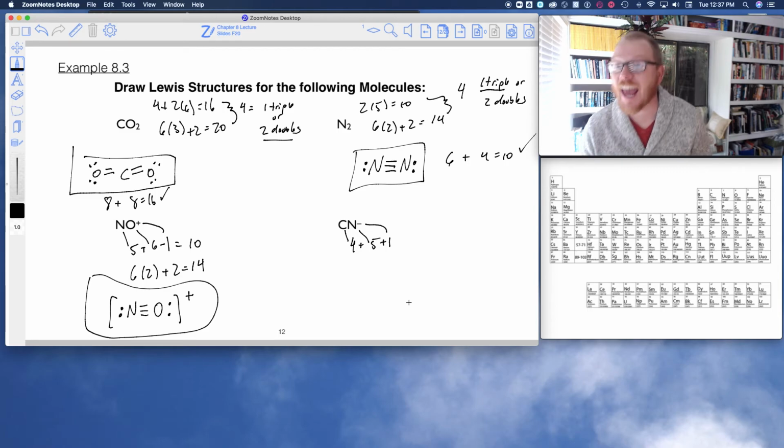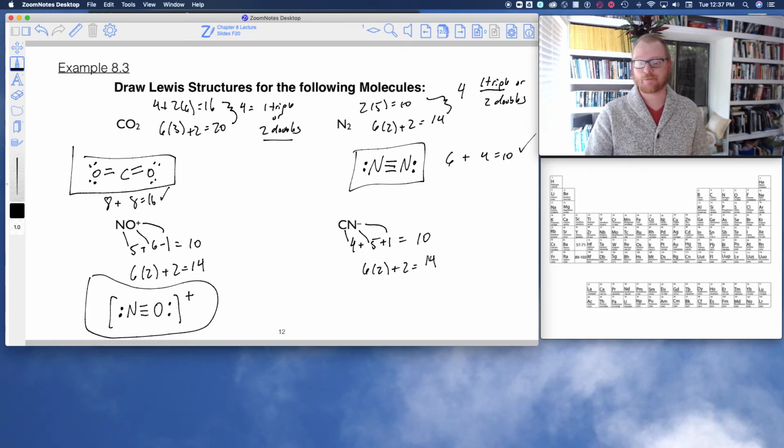Okay, the negative charge adds an electron. Another 14.